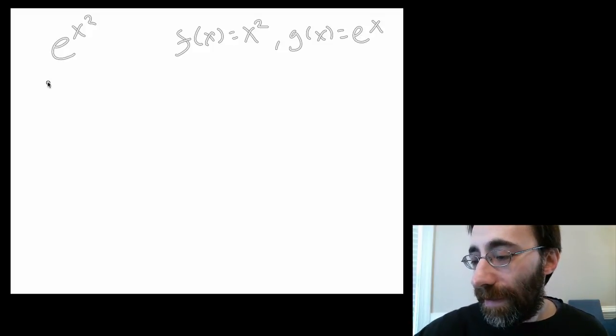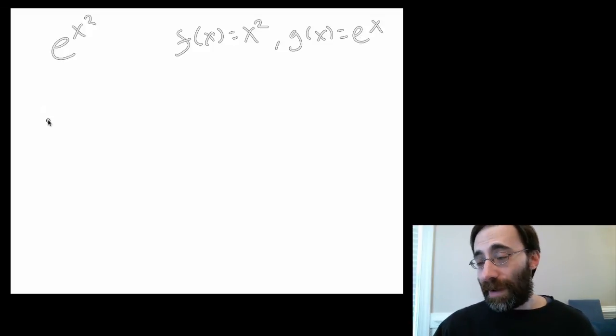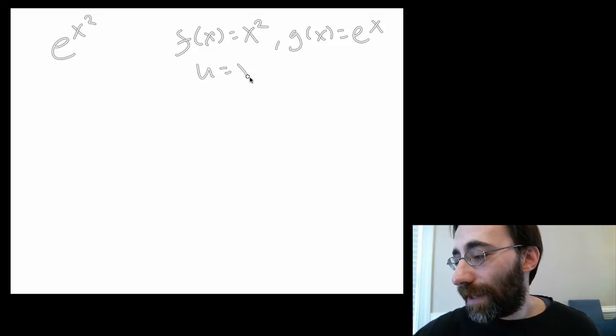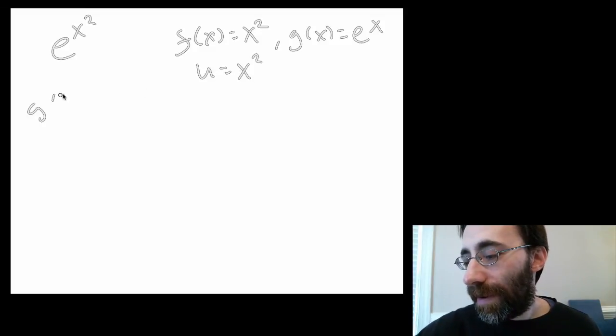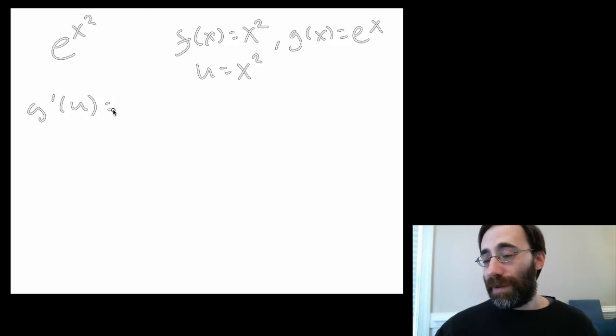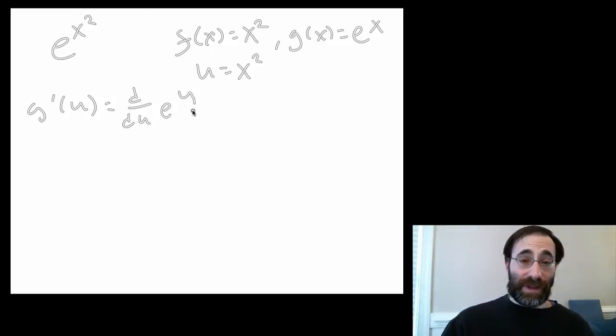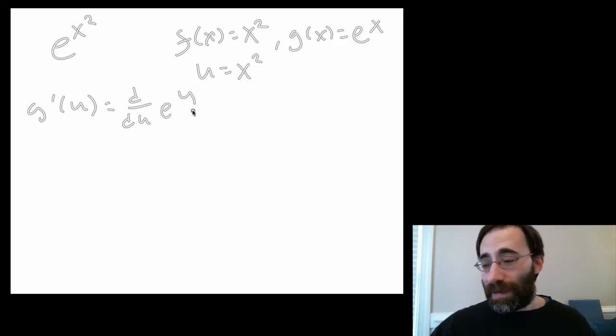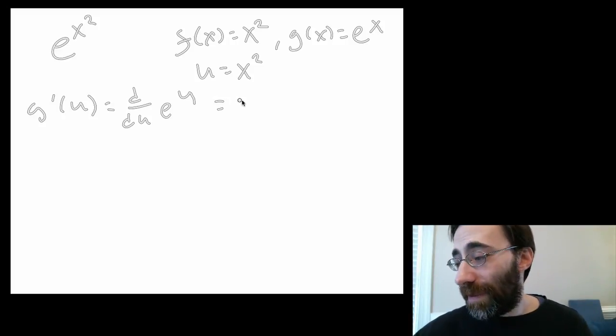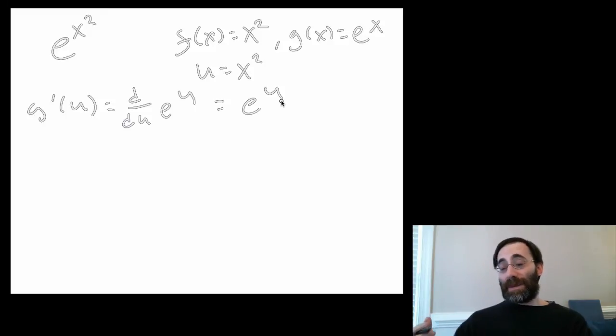Then we can use it as a compound function. u would equal x squared. g prime of u would equal the derivative of e to the u. This we have to wait until next time to figure out. Little hint, little preview, it's going to be this. That's why exponentials are awesome.